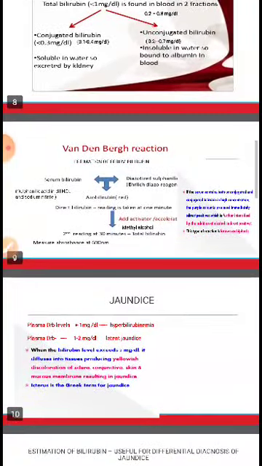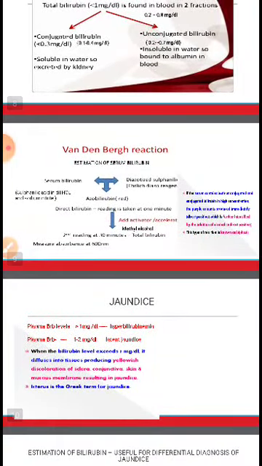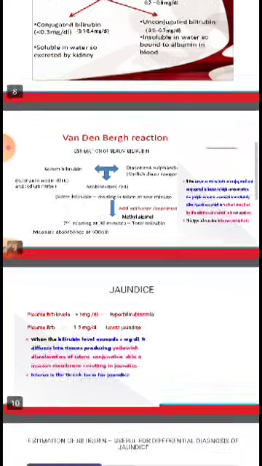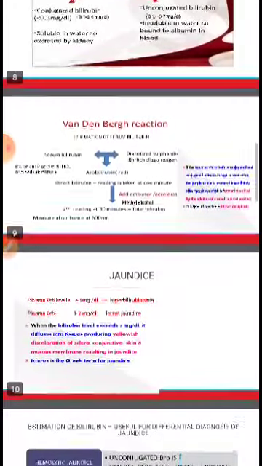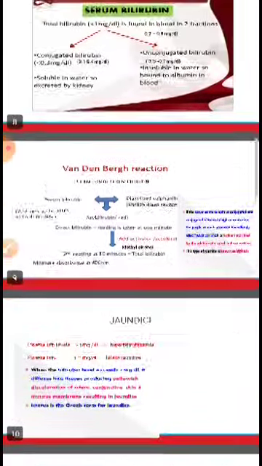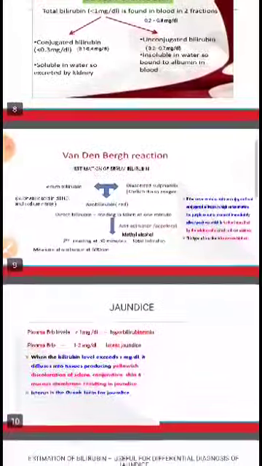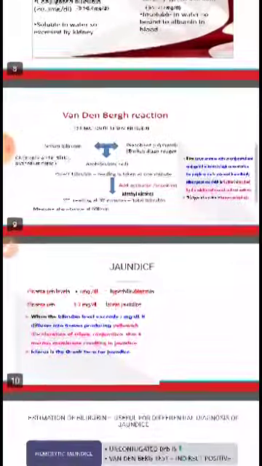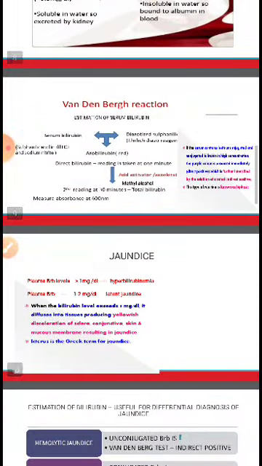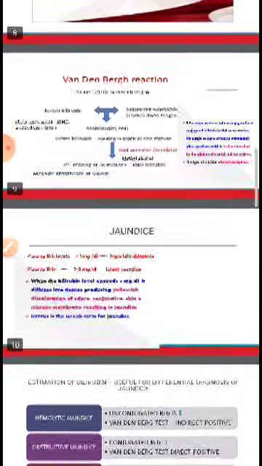There can be conjugated bilirubin, the normal level of which is between 0.1 to 0.4 milligram per deciliter, and unconjugated bilirubin, which is between 0.2 to 0.7 milligram per deciliter. The conjugated bilirubin is soluble in water and so it is excreted by the kidney, whereas the unconjugated bilirubin is insoluble in water and it's bound to albumin for it to be transported to the liver.